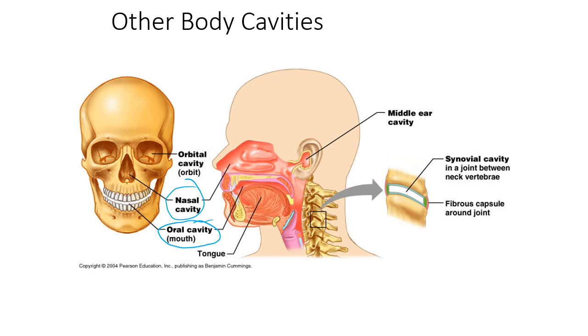And then in many of our joints, and we'll get to this when we start to talk about the bones in the joints themselves, we have what we call a synovial cavity. And so this synovial cavity is found in all of our synovial joints. Essentially the majority of the joints that we have in the body are all synovial. They provide for lots of movement, and they need lubrication. That lubrication comes from fluid that sits in between the two bones.